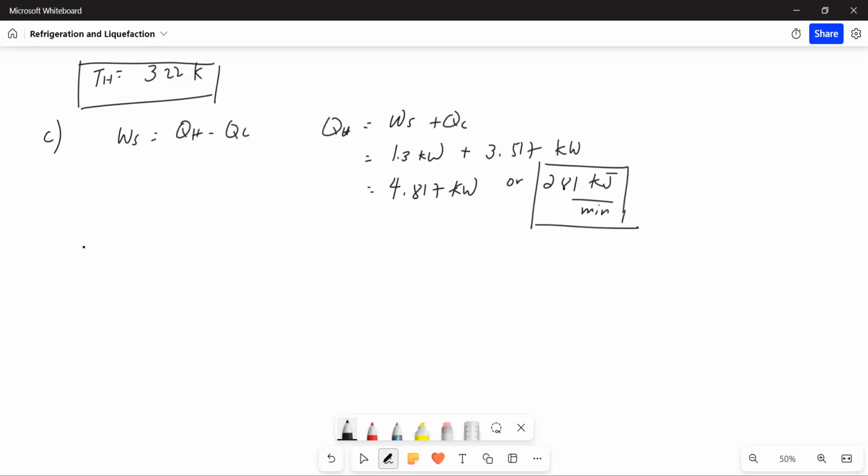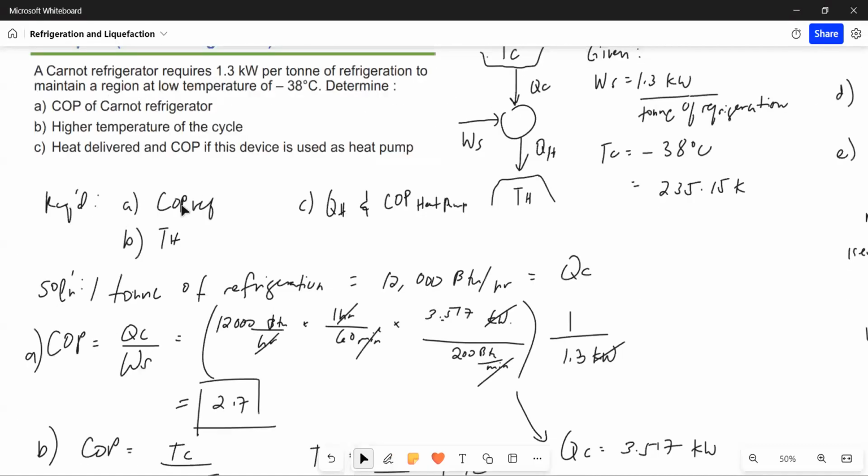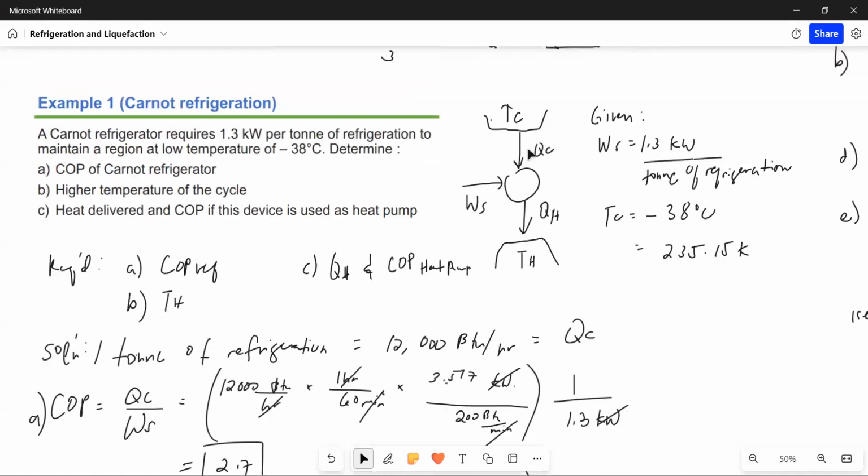How about the COP of a heat pump? So the formula for the COP of the heat pump is QH over work shaft. Again, the difference is because the value of our desired output is QH, whereas in refrigeration, our desired output is QC.